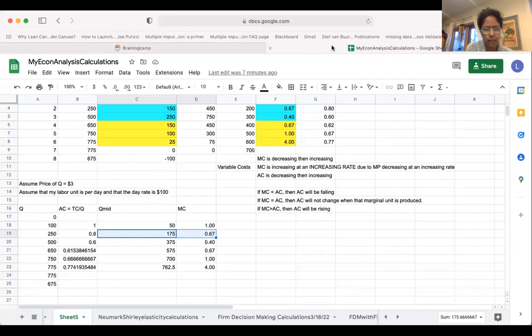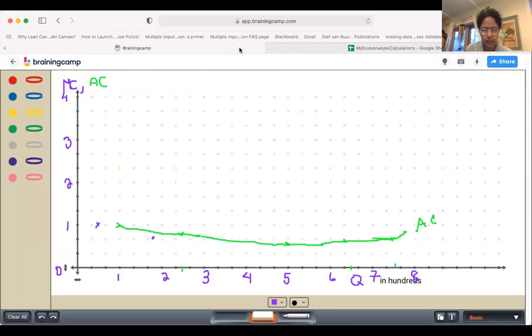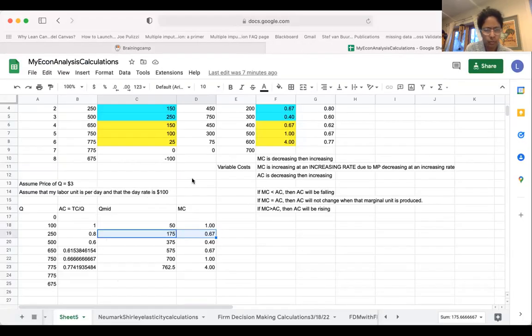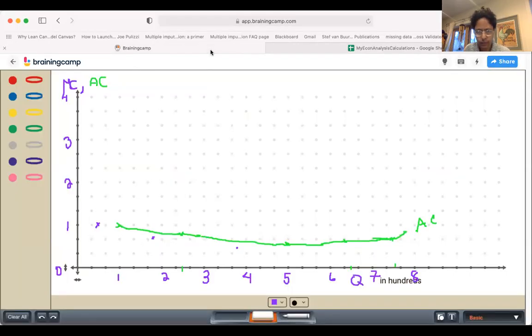And 375 and 40 cents. 375. Here, 40 cents. Somewhere right here. And 575, and it's going back up to 0.67. 575.